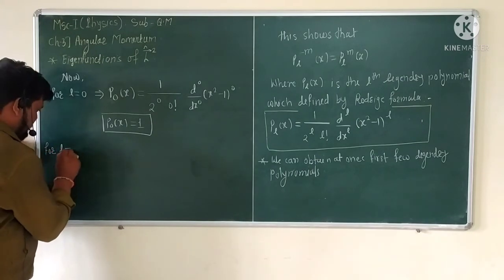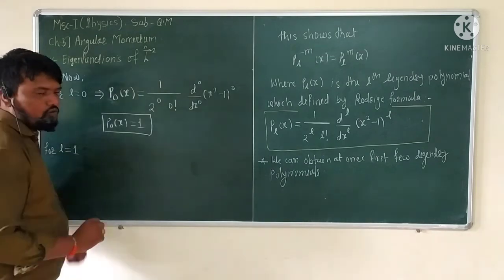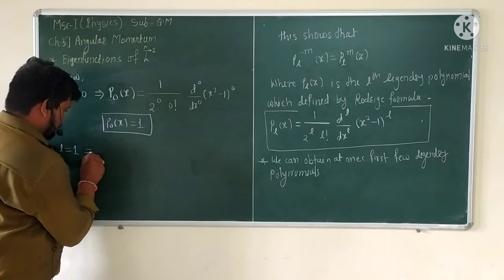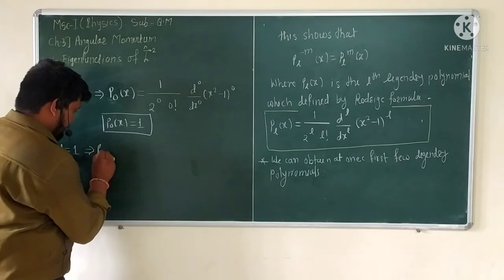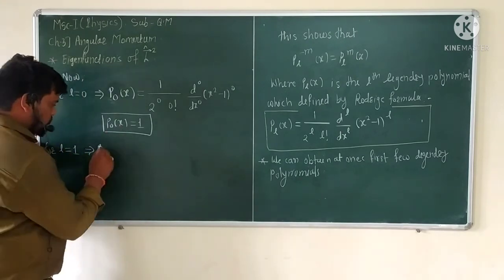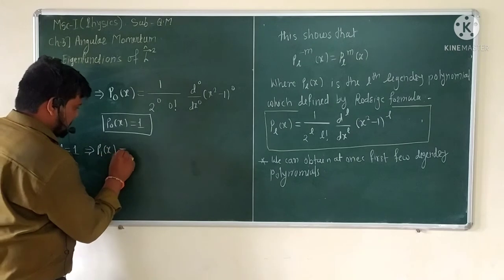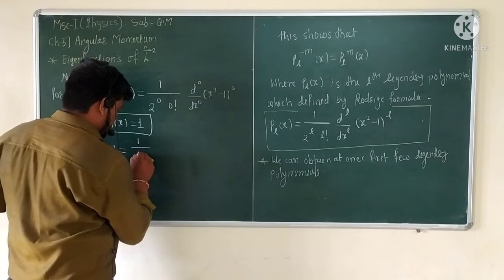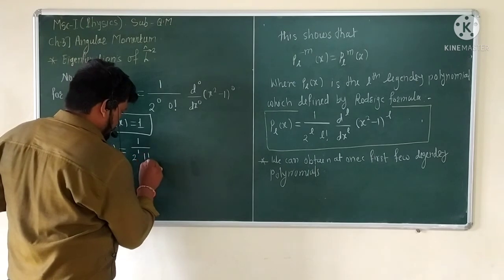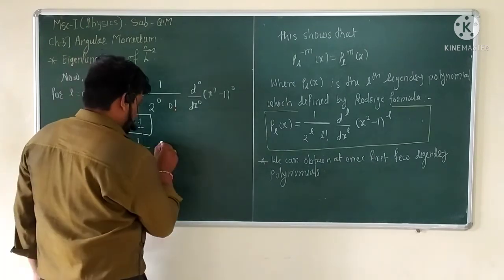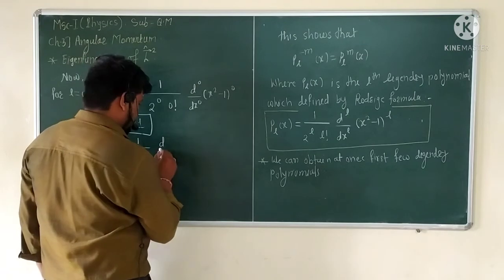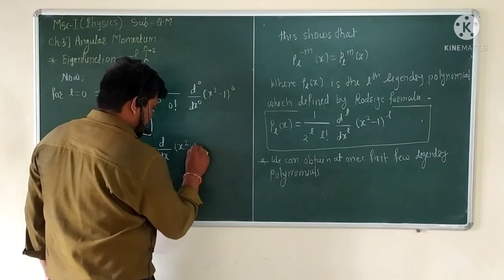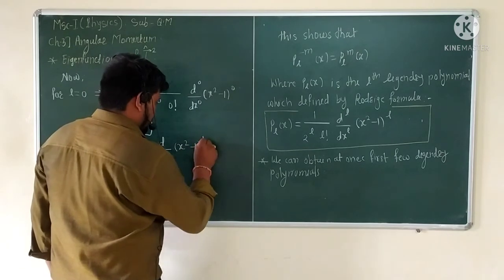For l equal to 1, P_1 of x is equal to 1 upon 2 power 1 into 1 factorial, d by dx of (x square minus 1) whole power 1.